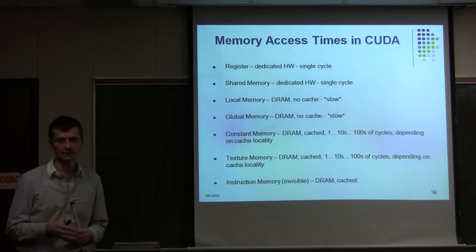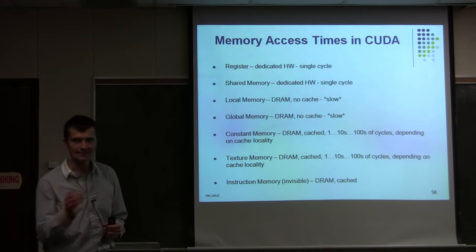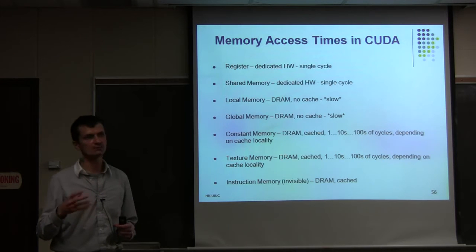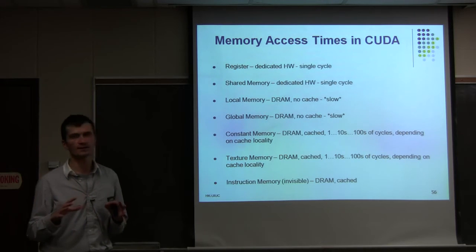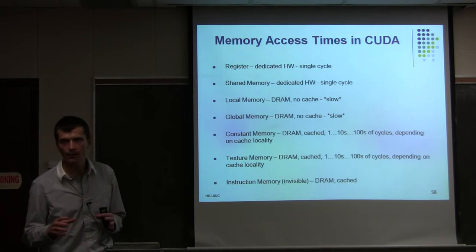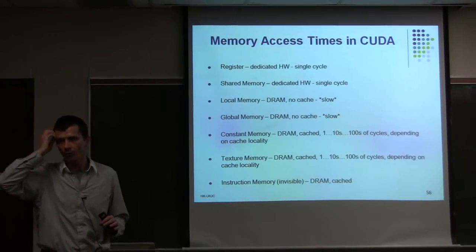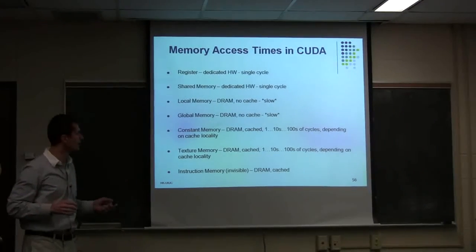How fast is the memory access? Registers, that's dedicated hardware, it's super fast. Shared memory, almost as fast as registers. Local memory, local sounds local, but it is actually in the global memory, very slow.